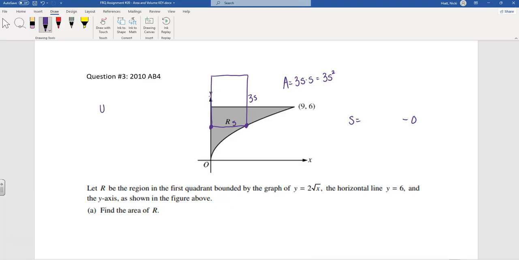So I have to take y equals 2 root x, and solve that for x. So I divide by 2. Y over 2 equals the square root of x. I square both sides, so that gives me y squared over 4. It might actually be a little easier to think of this as x equals 1/4 y squared, since integrating is a little bit easier.